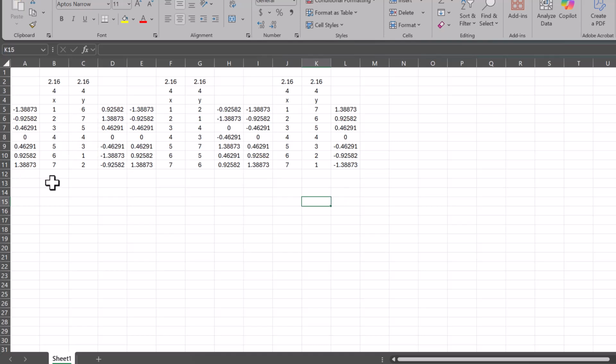All right. Now we need to do the product of the standard units, the sum of the products.